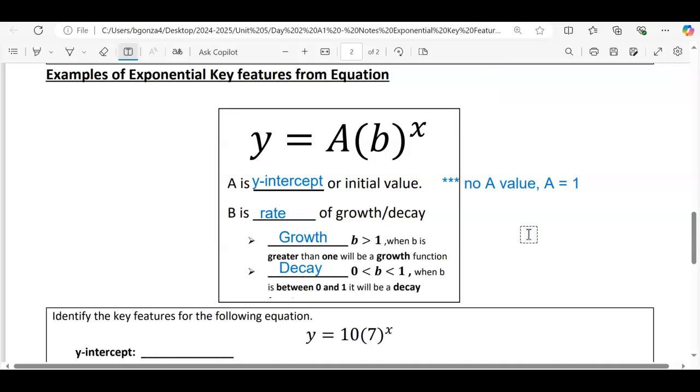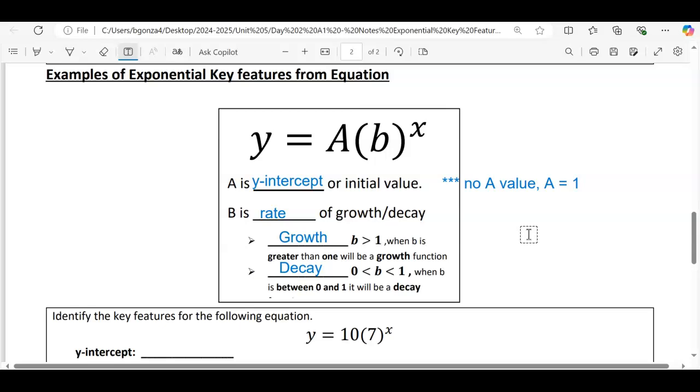So, hear me say this. If your b value, this number right here, is bigger than 1, it's going to be a growing exponential growth equation, okay? So what numbers are greater than 1? Obviously, 2, 3, 4, 5, blah, blah, blah, right? But you also need to know there can be decimals and fractions that are greater than 1. Like if you see 1.5, that's growth.